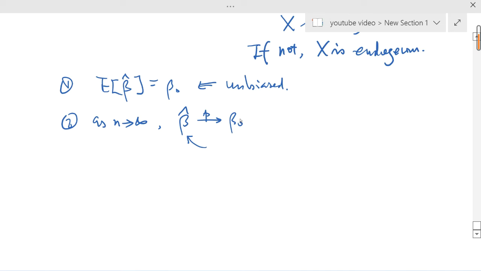Convergence in probability: what do I mean by it?